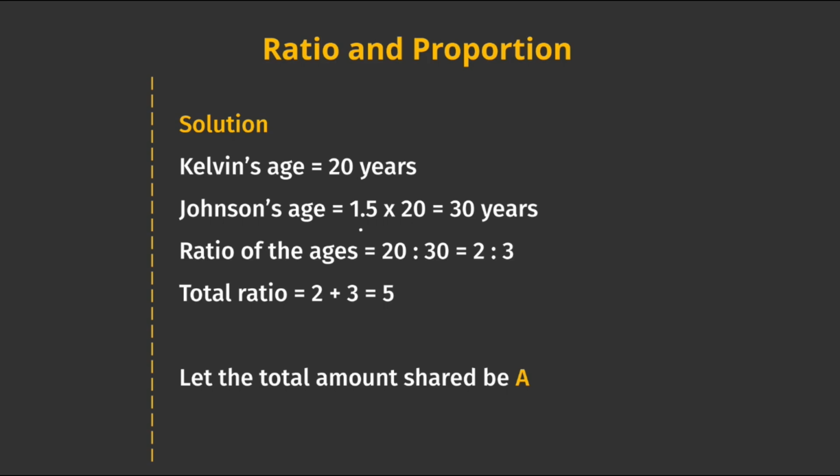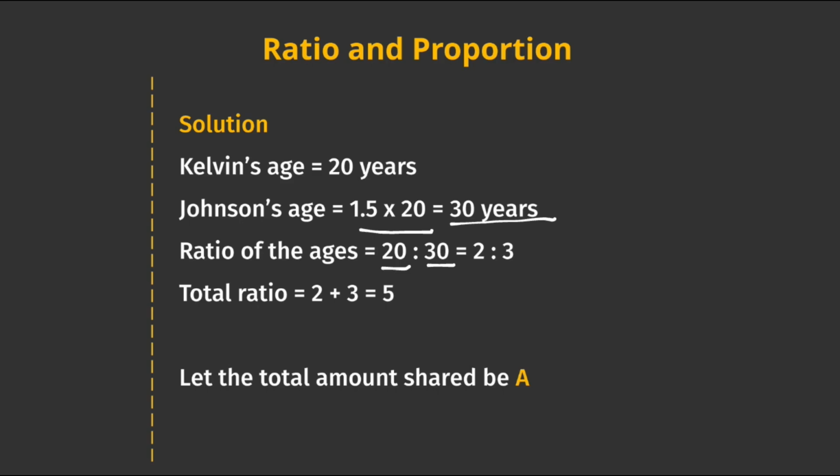Johnson's age is 1.5 times that of Kelvin, because we were told that Johnson is 1.5 times as old as Kelvin. So we say Johnson is 1.5 times 20 years, that is 30 years old. So the ratio of their ages is now 20 to ratio 30, which is 2 to 3.